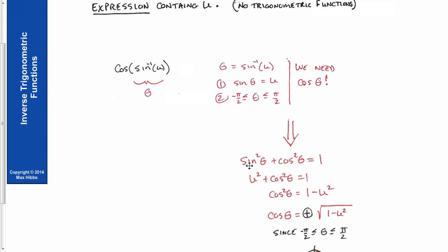Now, since sine of theta is u, this becomes u squared plus cosine squared theta is equal to 1. What am I trying to do? I'm trying to solve for cosine of theta. So subtract u squared on both sides. I end up with cosine squared theta is equal to 1 minus u squared.